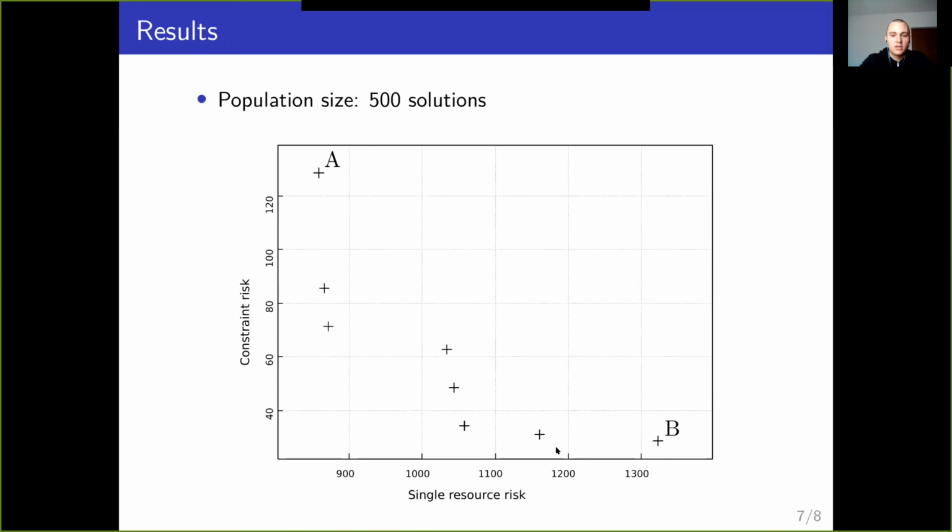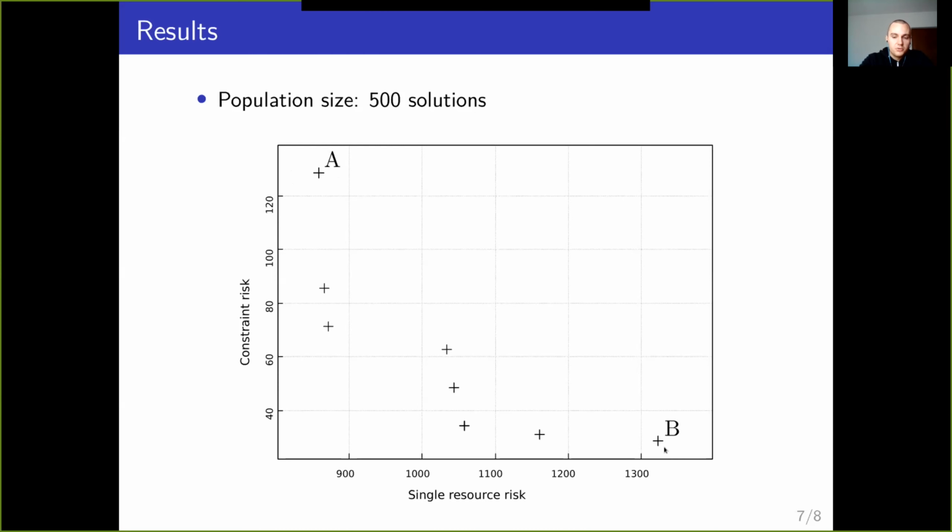So it's a nice Pareto front where we can explain solution A and solution B as the most notable ones. Solution A has a low single resource risk, but it has the highest constraint risk because it violates 3 security constraints on the clouds sigma 4, sigma 5, and sigma 6. Compared to all other solutions in the image, this is the worst constraint risk.